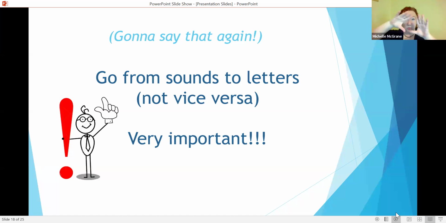Analytic phonics means that we show a visual representation of the sound, and then we learn how to blend those more or less simultaneously, so that they look at the word, break the word up into the sounds, say the sounds, and then blend them. Synthetic phonics is just ever so slightly different because we learn how to blend in an aural way first before looking at the visual representations, the spellings.